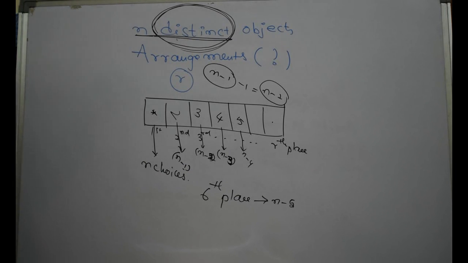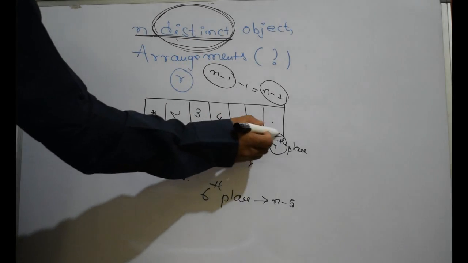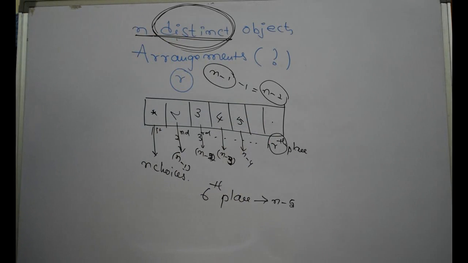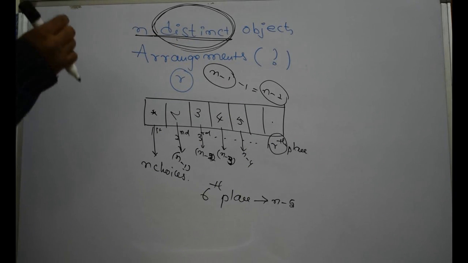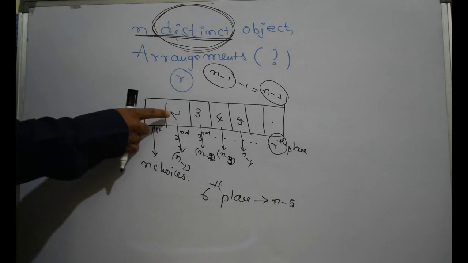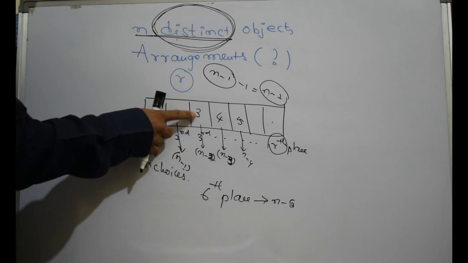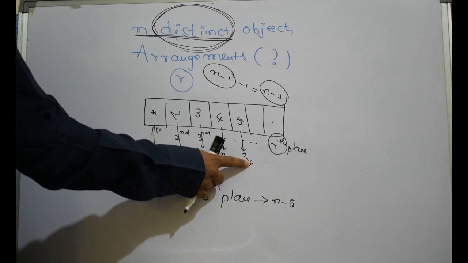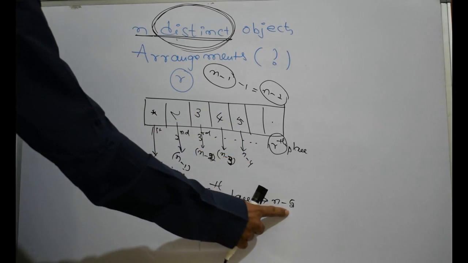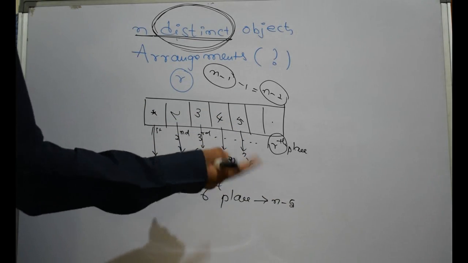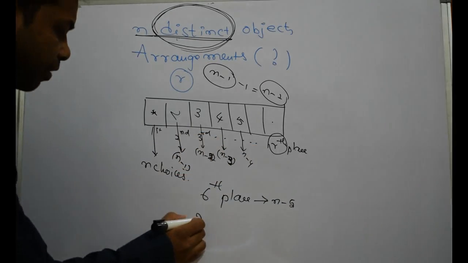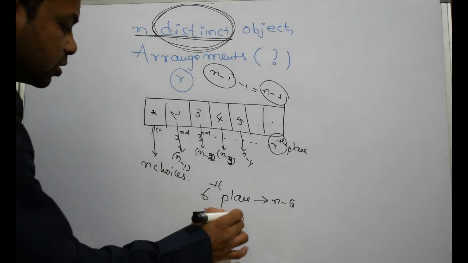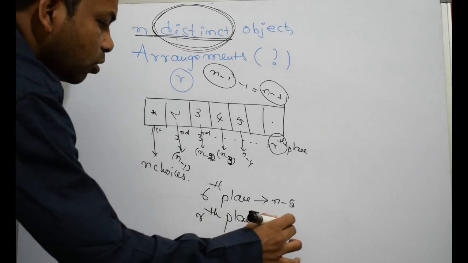So keep on continuing like this. Can you guess for the rth place how many choices are left? It's very simple: second place minus 1, third place minus 2, fourth place minus 3, fifth place minus 4, sixth place minus 5, seventh place minus 6, eighth place minus 7. Therefore, for the rth place, what do you have to subtract?